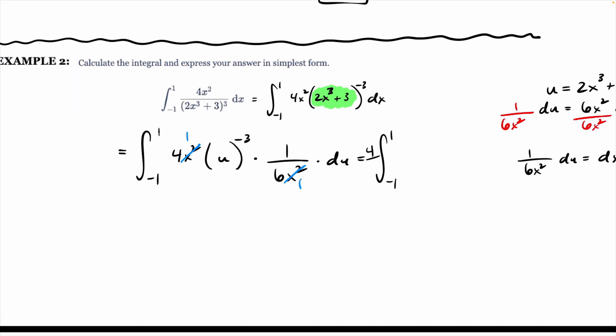4 over 6 u to the negative 3 du. Okay, so it would be 4 over 6 times u to the negative 2 divided by negative 2. But when I divide by negative 2, I'm going to multiply that into the reciprocal. What's the reciprocal of negative 2? Negative 1/2. Negative 1/2, yep. Okay.